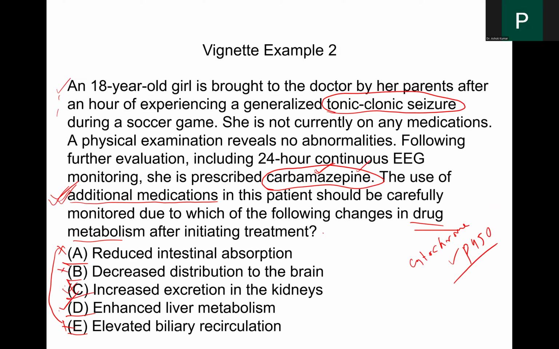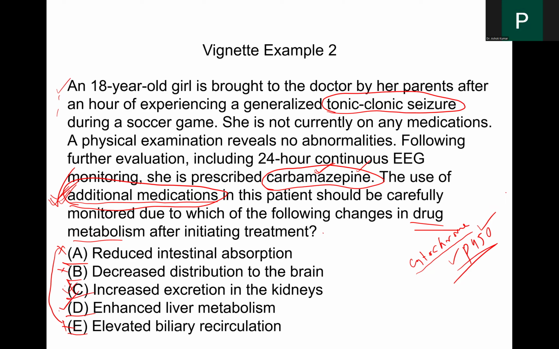So this cytochrome P450 enzyme system becomes induced, highly active to get rid of carbamazepine. Now what is happening? Carbamazepine entered liver cells and synthesized a lot of cytochrome P450. Now if the patient is given additional medication, that will also be quickly catabolized because this enzyme system is hyperactive now under the effect of carbamazepine. Whichever is coming, carbamazepine is destroyed, the other drug is also destroyed.